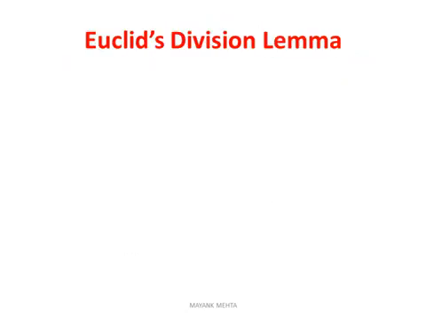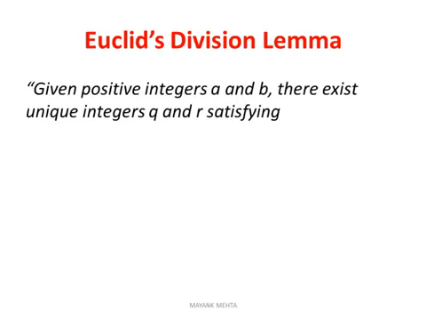Now we are going to see the first topic of our chapter, Euclid's division lemma. So what is Euclid's division lemma? Given positive integers a and b, if you have two positive integers a and b, there exist unique integers q and r satisfying this relation: a is equal to bq plus r, where r is between 0 and b. r is greater than or equal to 0, but r is less than b.